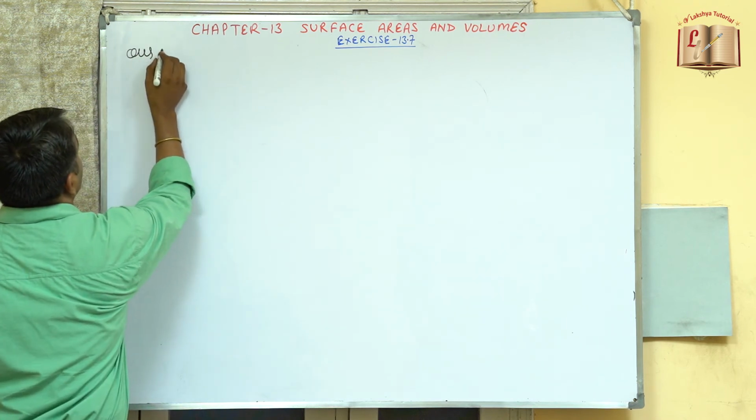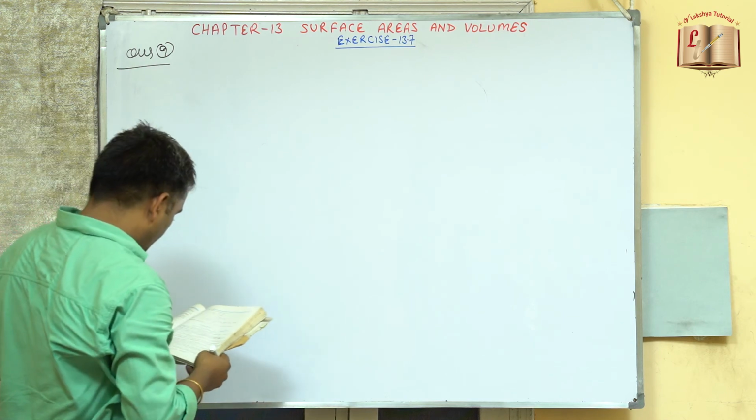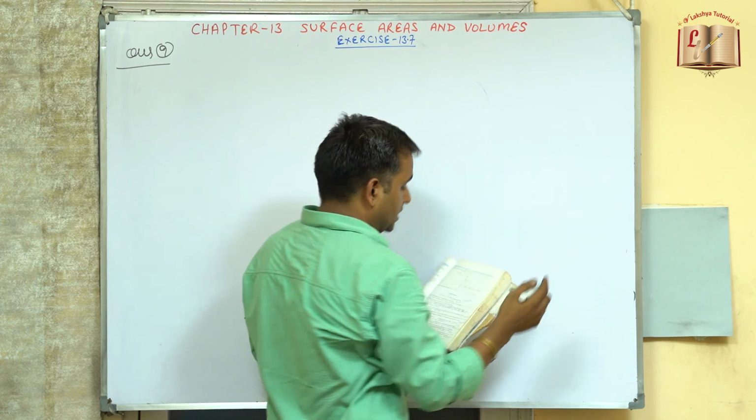So now coming to question number 9. A heap of wheat is in the form of a cone with the diameter 10.5.